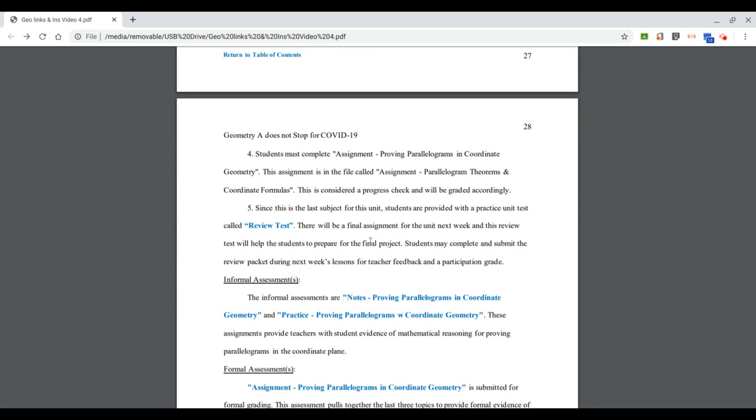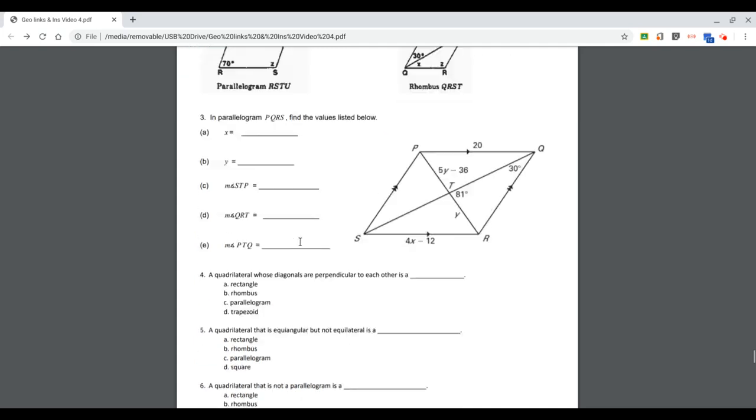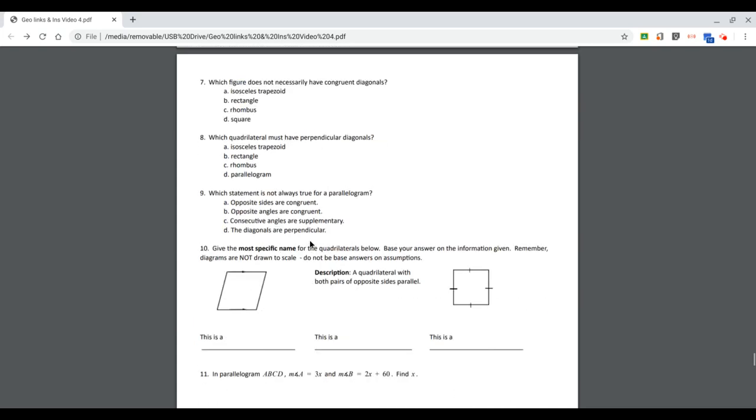Then they have a formal assessment, which is called Proving Parallelograms in Coordinate Geometry, and the assignment itself is called Parallelogram Theorems and Coordinate Formulas, or the assignment file. Once they complete that, they are recommended to start the review test. The review test looks like this, and it's big and it's a little different.